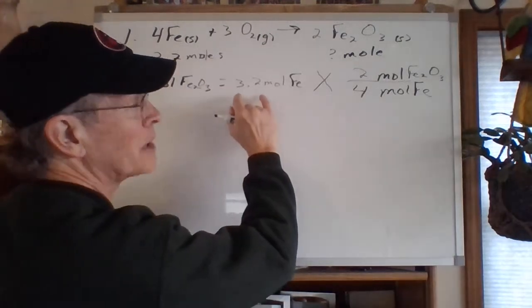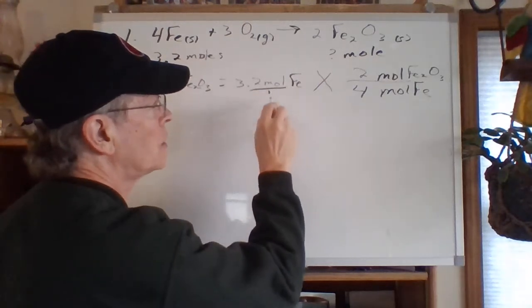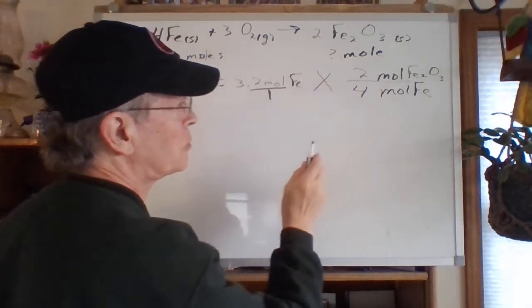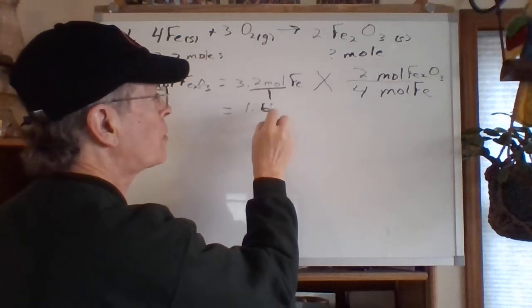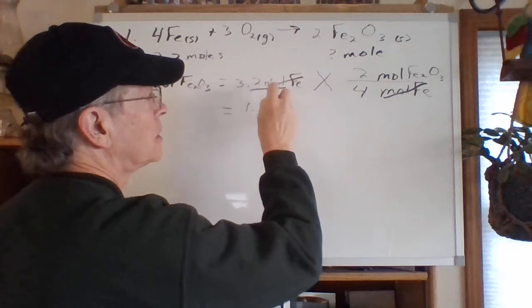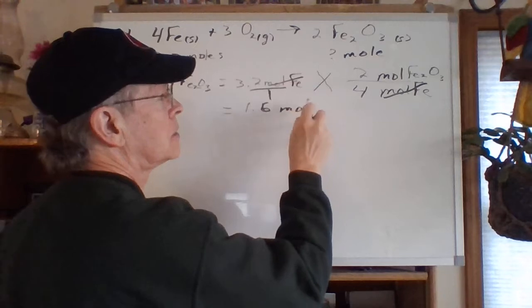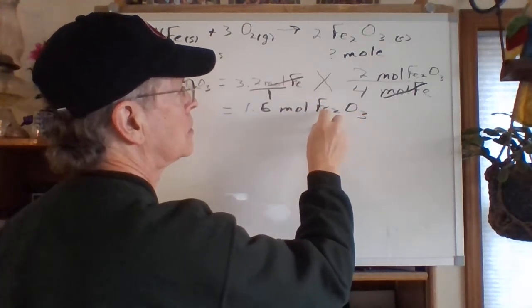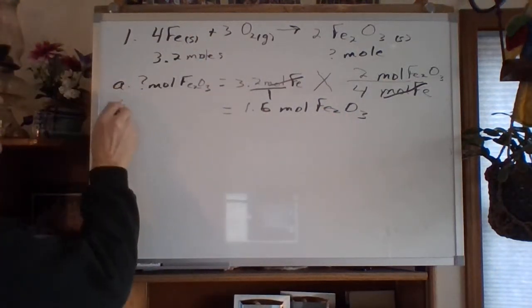And how do we solve mathematically? We multiply 3.2, which is a numerator over 1, times 2, divided by 4, which is, of course, half as much. 1.6 moles. The only unit label that's left, because we've factored that one out, is moles Fe2O3. There. That's the answer to 1A.